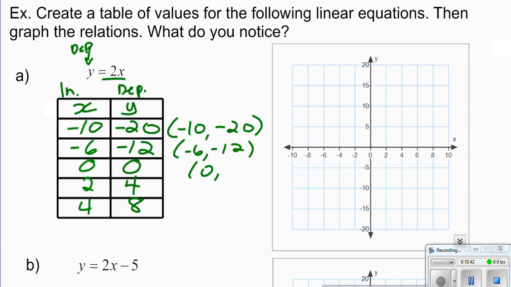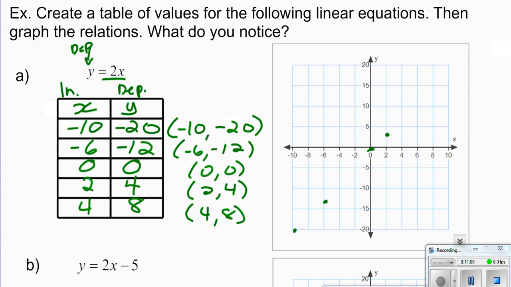I would suggest writing them out as coordinates just to help you get in the habit and recognize your coordinate pairs, okay? So we're going to graph them. -10, -20. -6, -12. So I'm going to have to kind of estimate that one a little bit. 0 and 0, don't have to estimate that one. 2 and 4.